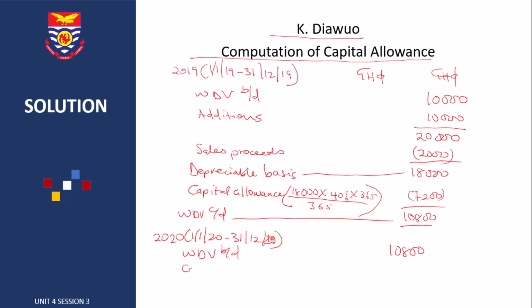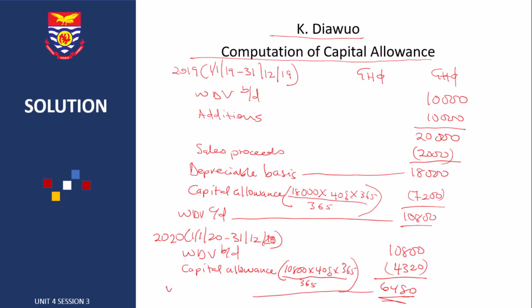So we compute capital allowance. So we have 10,800 multiply 40%. We said on reducing balance method. So we are using the written down value. And this is going to give us 4,320. When we deduct, we are going to get 6,480. And this is the written down value.